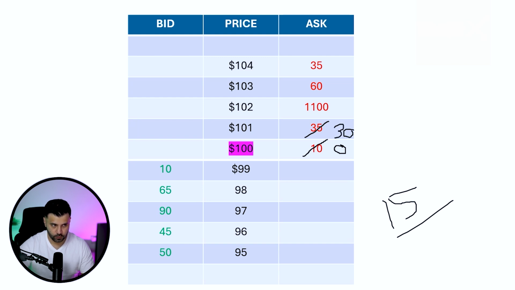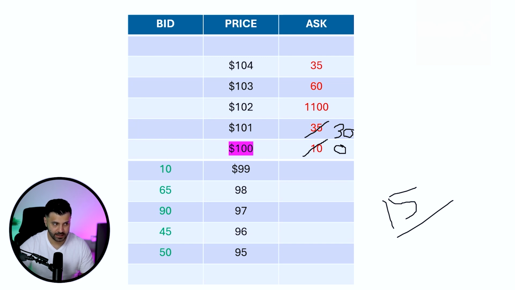So part of your market order, 10 contracts or 10 shares, have been filled at 100, and the remaining 5 have been filled at 101.